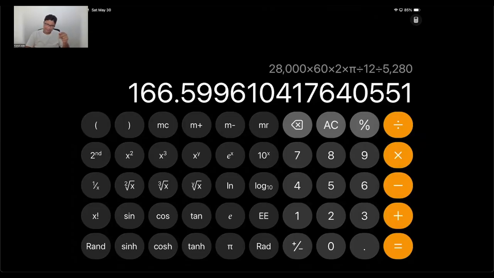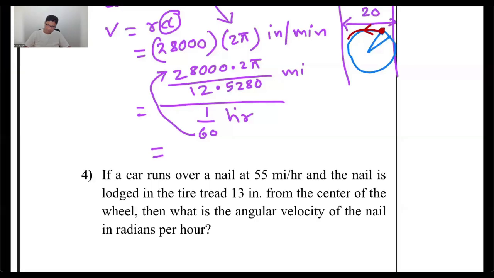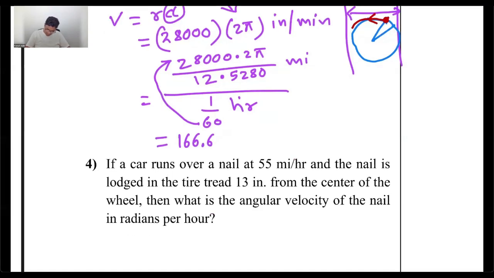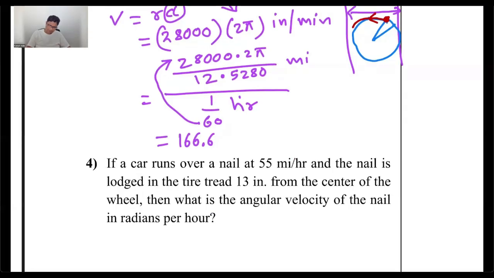You can check here, and 166.59 is what we seem to be getting. 166.599, so I'm going to go with 166.6 miles per hour.